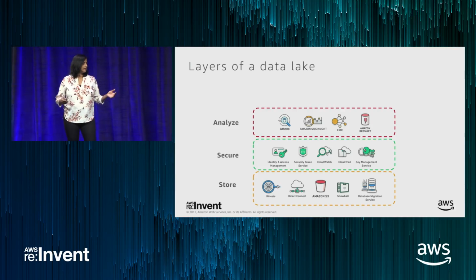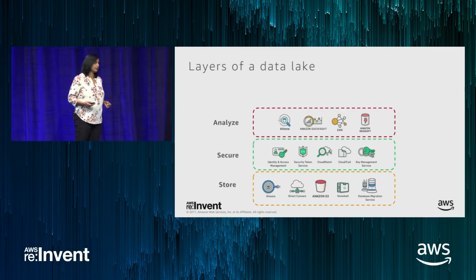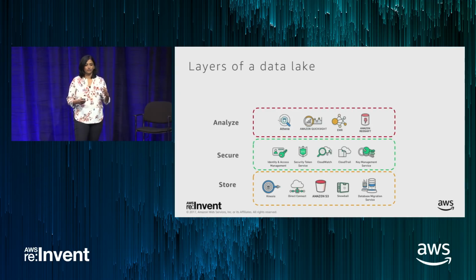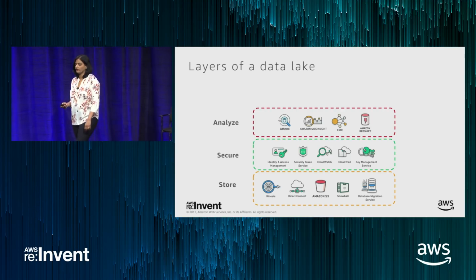From Athena, which allows you to query directly against data on S3, to Amazon Redshift, where you can build your data warehouse on AWS and load some of that data into it, to Amazon QuickSight, which allows you to visualize your data, and then EMR, which allows you to do further processing of your data.